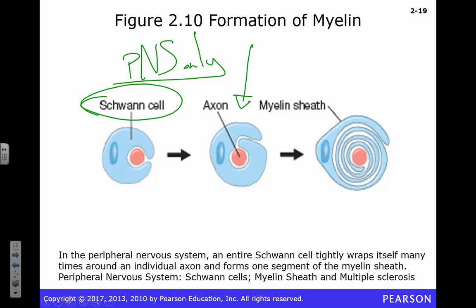They can regenerate and help the regeneration of axons. Can't do that in the central nervous system, but can do it in the peripheral nervous system. So if you have peripheral nerve damage, sometimes you can experience some recovery, right? Not going to happen in the central nervous system. Questions about that? That's interesting, right?